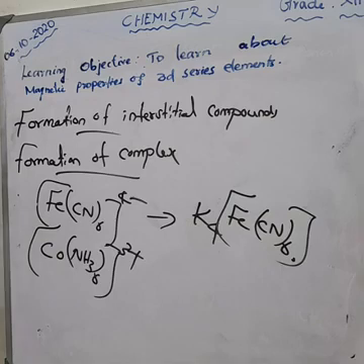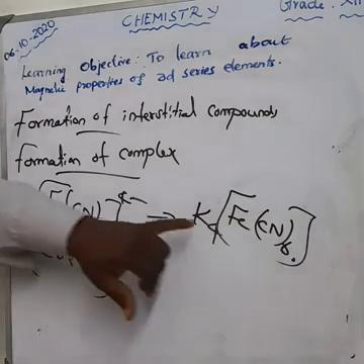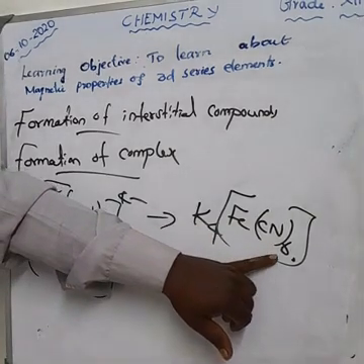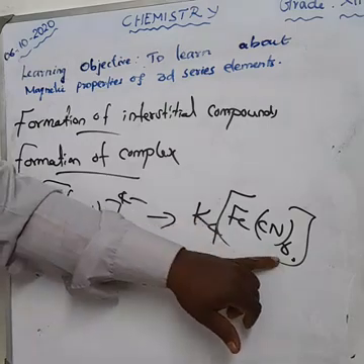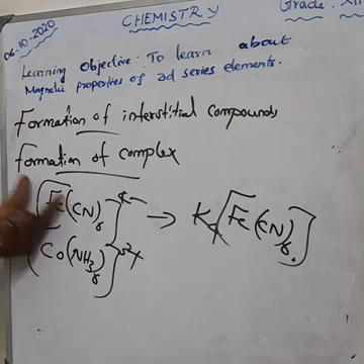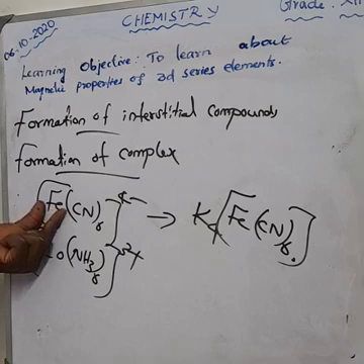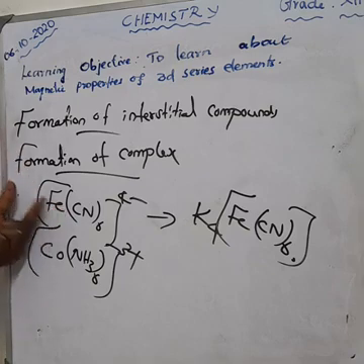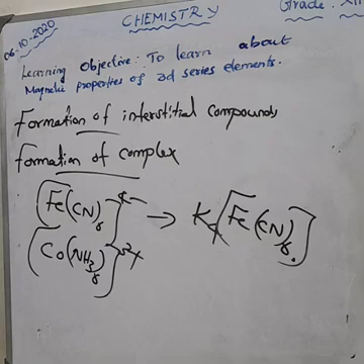We can tell the name: potassium hexacyanoferrate. We can discuss how to say the name in the next lesson. But anyhow, the transition metal here is iron, whose atomic number is 26. This iron makes a complex with the help of cyanide.